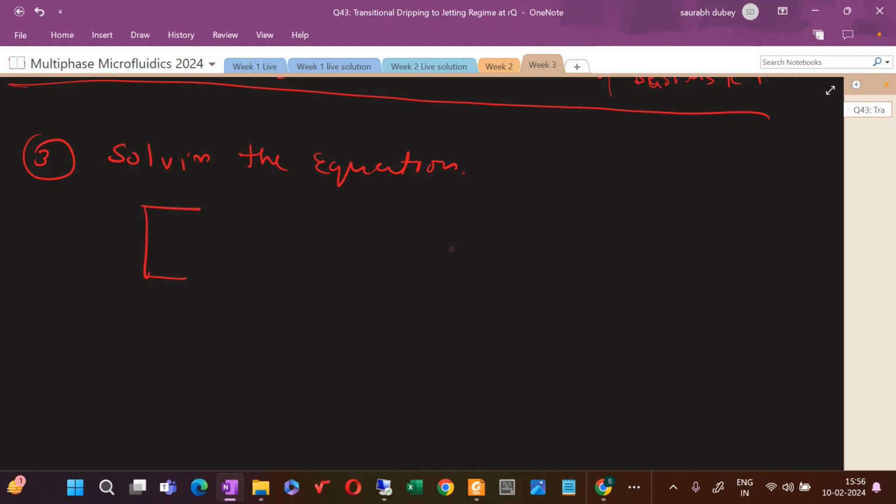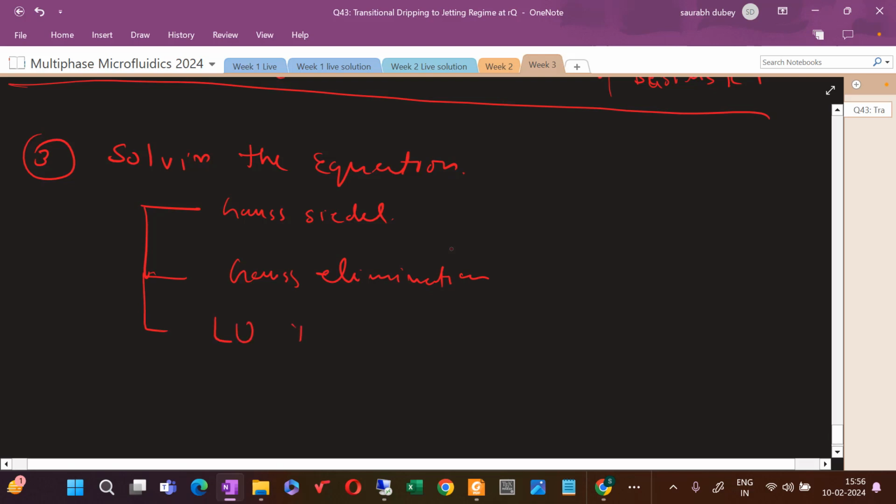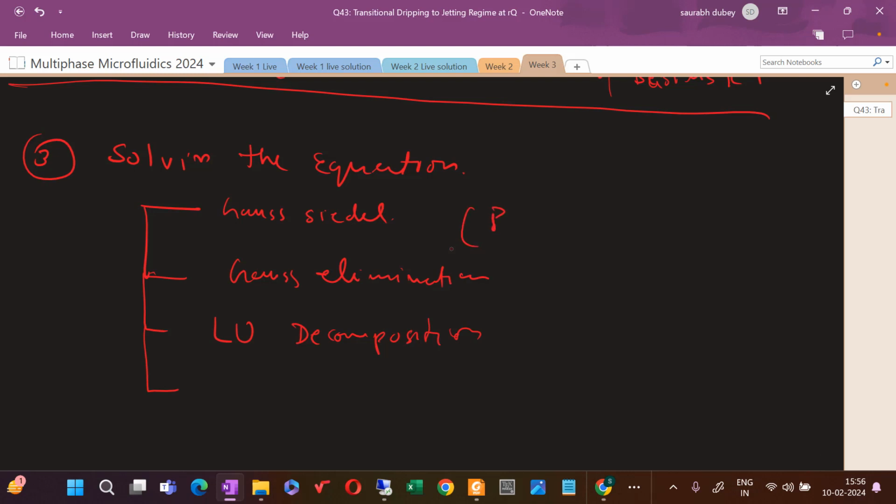Some of the methods are Gauss-Seidel, Gauss elimination, LU decomposition, and sometimes people use another method which is called point Gauss-Seidel or line Gauss-Seidel. So you can write it as point or line.